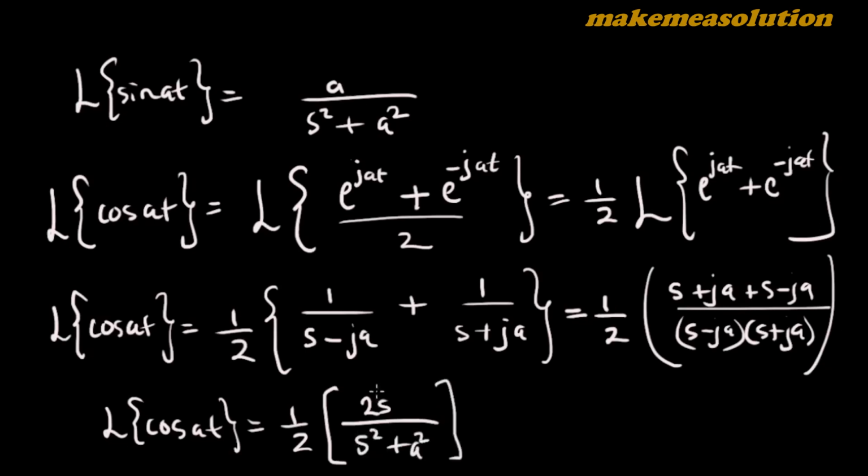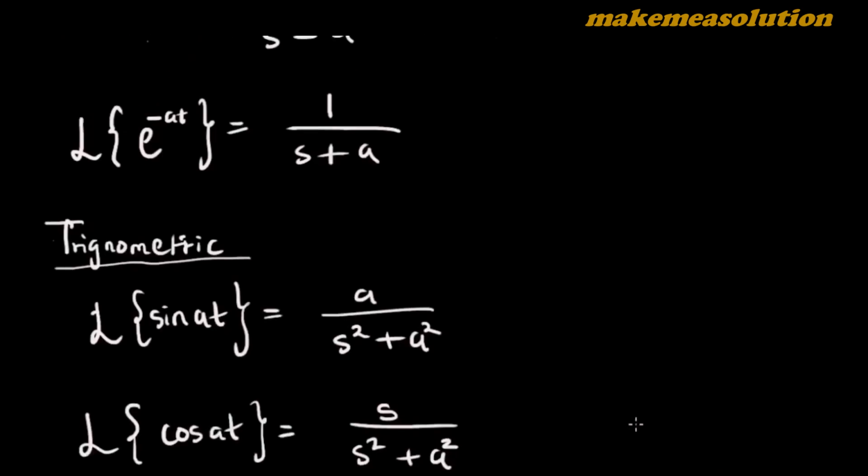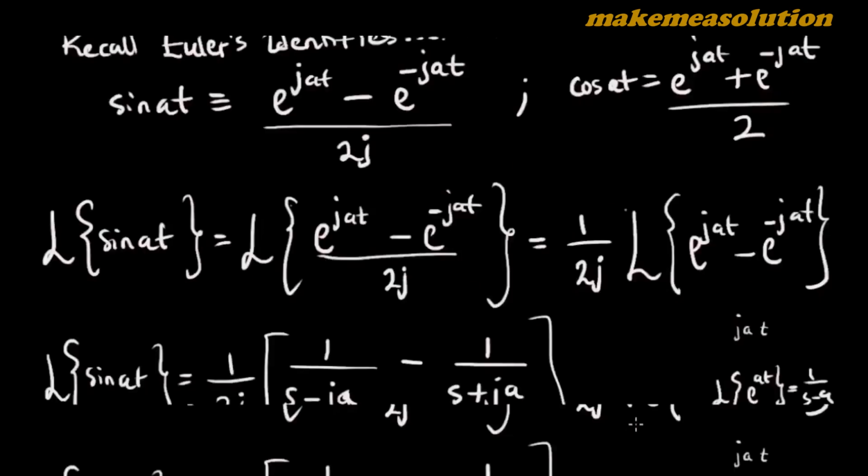So 2 cancels out 2, and you have s over s square plus a square. This is the Laplace transform of cos at. This is just one way of proving the Laplace transforms of cos at and sine at for trigonometric functions.